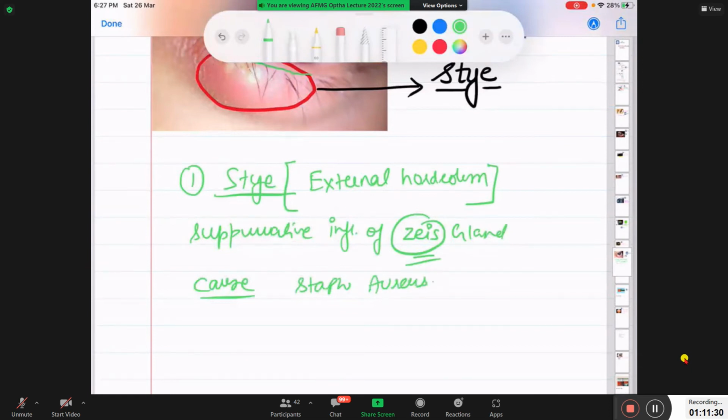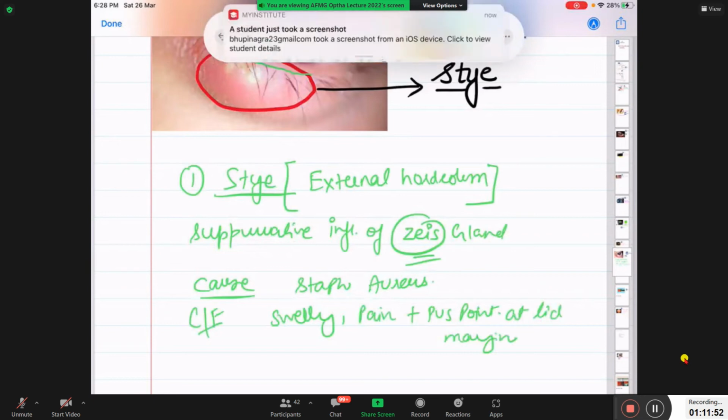Talking about clinical features, as I told you, this is really painful. So you will get a swelling of the lid with pain, and a pus point is present at the lid margin. This you have to remember.